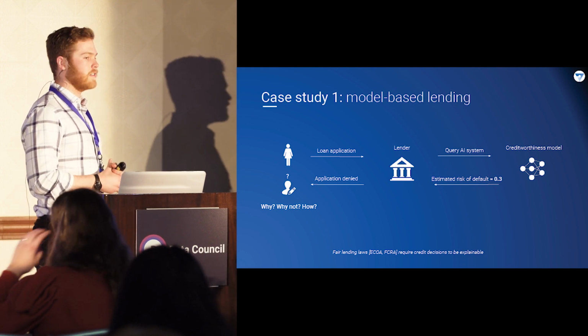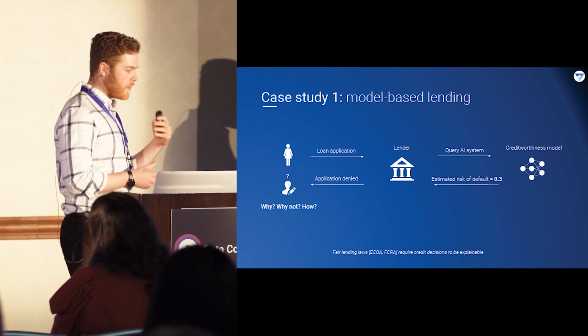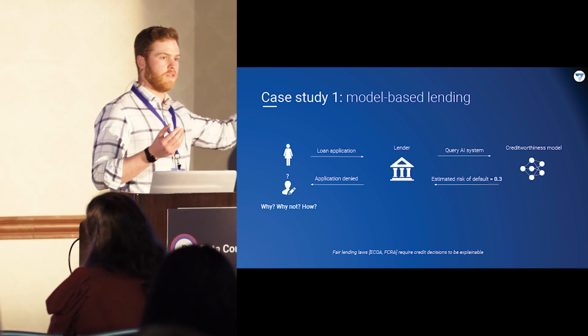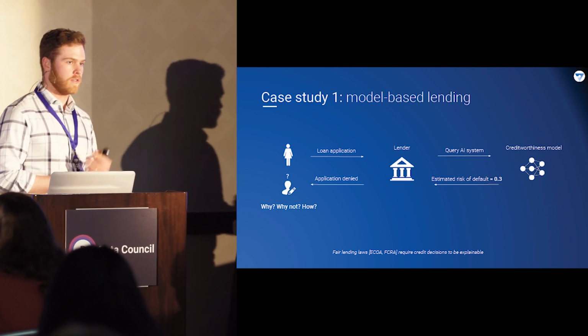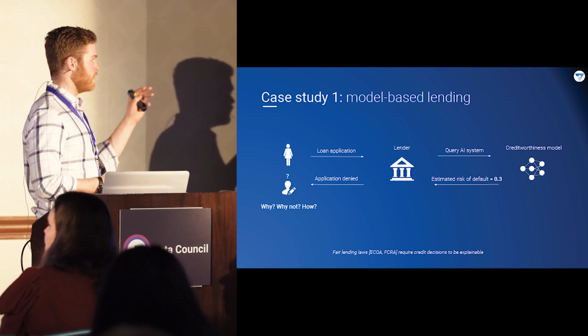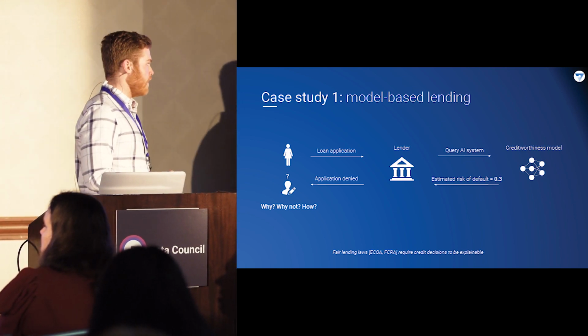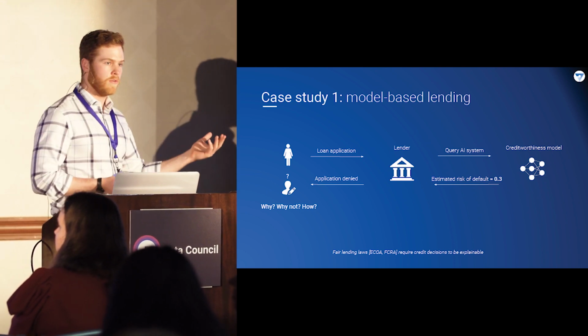The reason it's so fast is because not a single person is involved in that decision. What happens is your loan application gets sent as some sort of JSON blob to their server. They process out a vector of machine learning features, feed that through some model that they've already trained, and get back a score. In this case, it might just be estimated risk of defaulting on the loan.